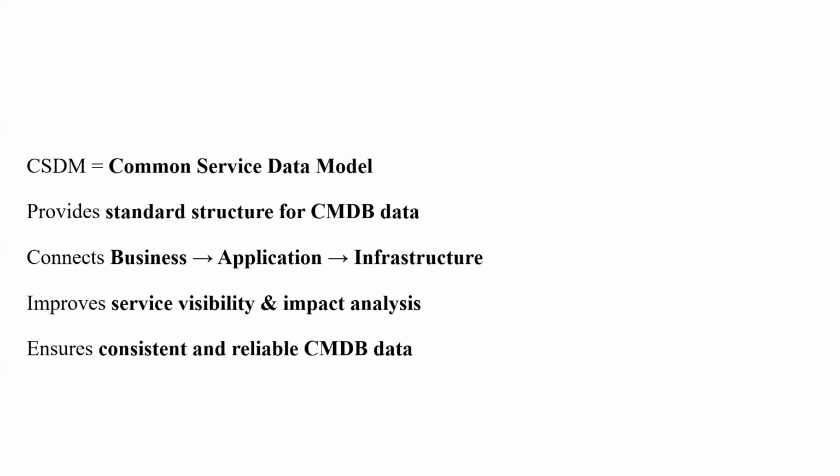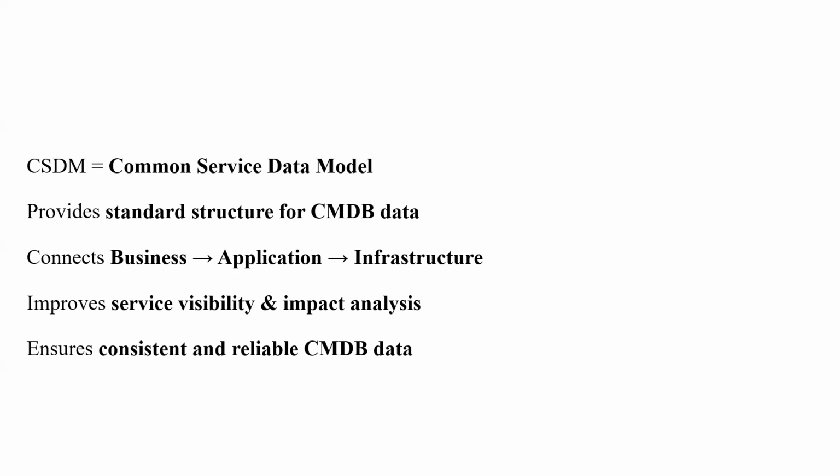So CSDM is a standard model that organizes CMDB data. The abbreviation CSDM stands for Common Service Data Model. It provides a standard structure that everyone should follow in the same way. It connects business, application, and infrastructure. So everything is linked and it improves visibility and impact analysis. It is easy to understand impact, and it ensures consistent and reliable data.